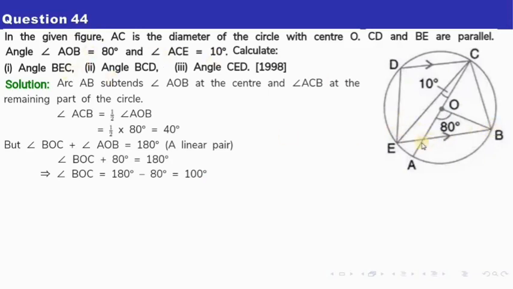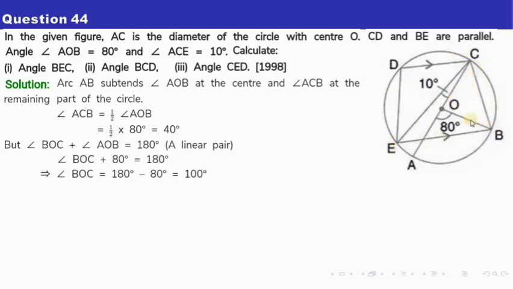Okay, now our aim is to find BEC, right? So we need to find BEC. Okay, now if you see here, BC is the arc which subtends angle BOC at the center, and in the remaining part this arc BC subtends angle BEC, right? So this is the arc BC, and in the remaining part, that is this part, BC subtends angle BEC, right?